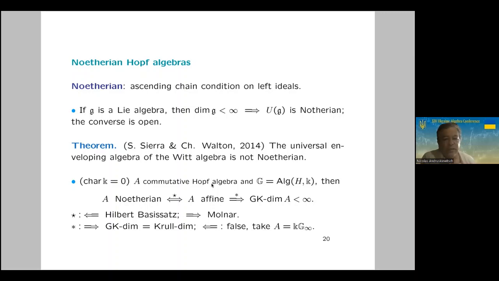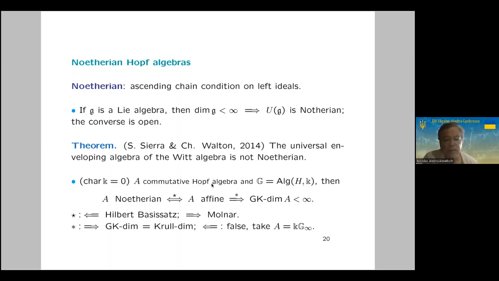In characteristic 0, say A is a commutative Hopf algebra and G is the associated group of characters, then A is Noetherian if and only if A is affine, and this implies that the Gelfand-Kirillov dimension of A is finite.